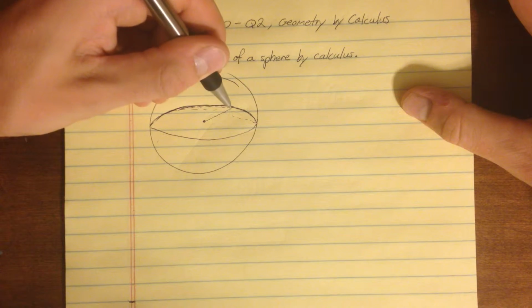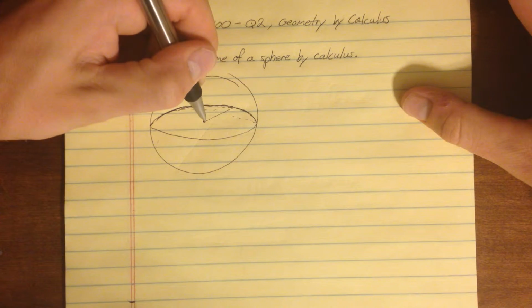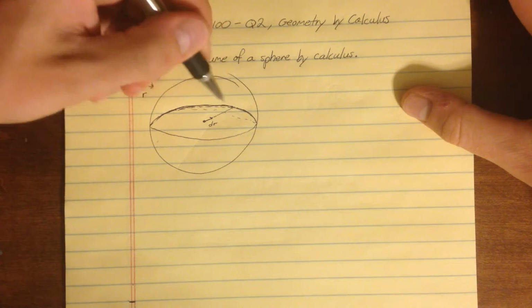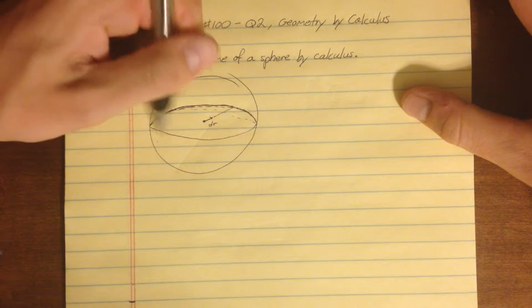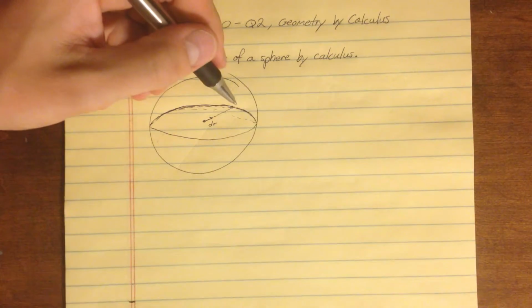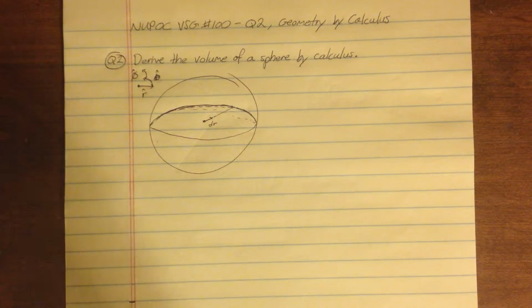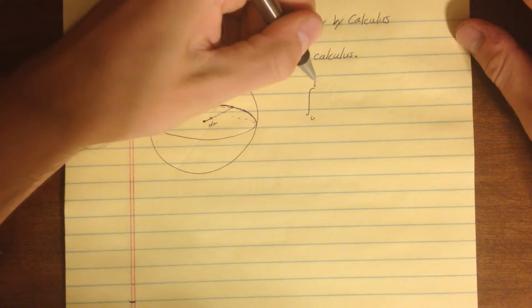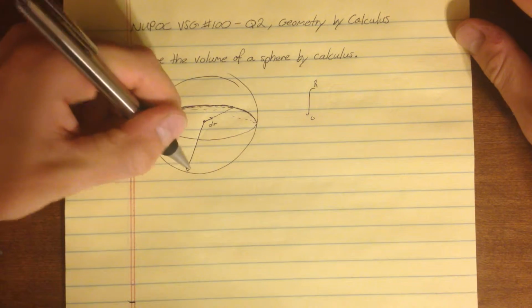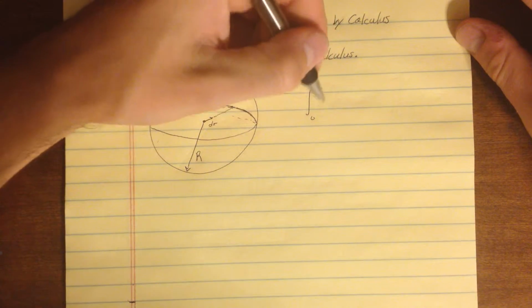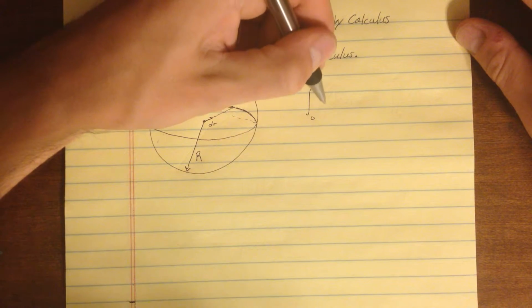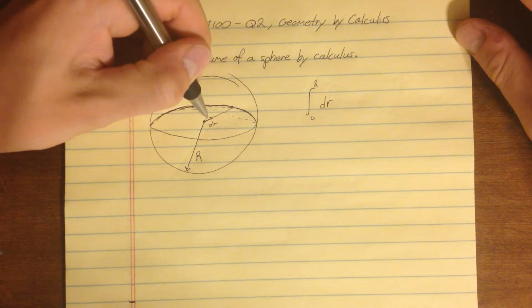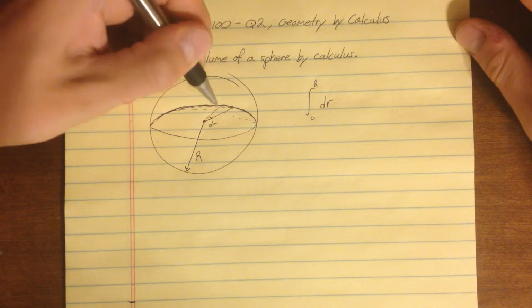Again, we integrate dr out from the center to the edge of this circle that's in the equatorial plane. That is going to be, of course, 0 to r, if the distance from the center to the perimeter is r. So that'll be 0 to r, dr, like we had last time.